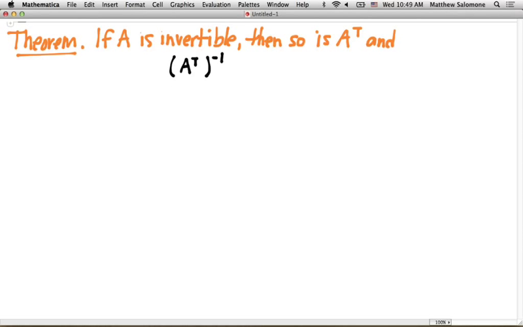We couldn't write that unless we were convinced already that A transpose was invertible, which is something we're going to have to prove. But actually, showing that this formula works is equivalent to proving that the transpose is invertible. But the content then of the remainder of the theorem is that the inverse of the transpose is the same thing as the transpose of the inverse.